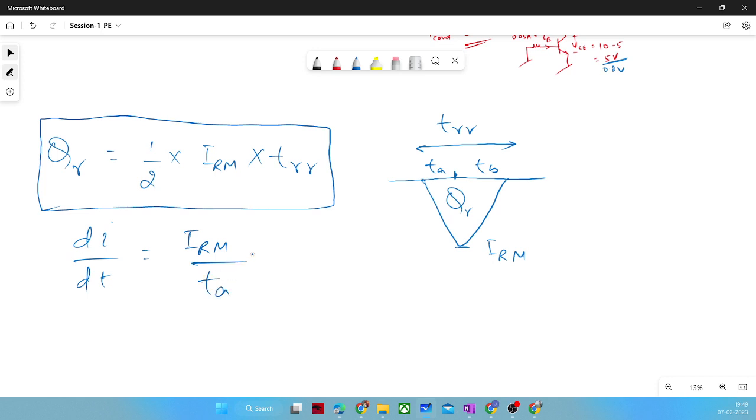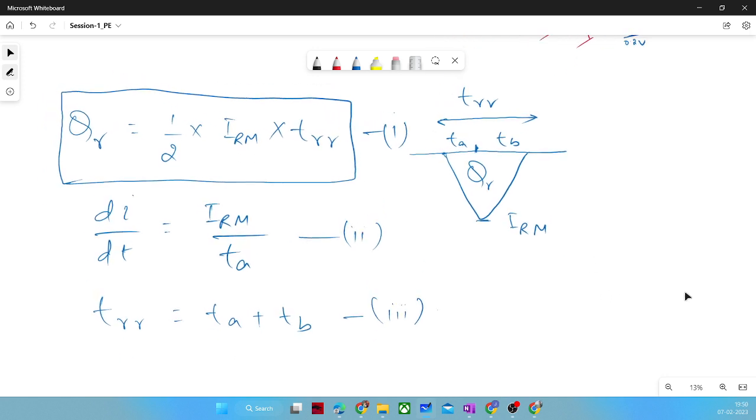And IRM you can compute from the first formula, and this is the second formula. If you want to derive another equation, you can get TA plus TB. So you have three equations, and you can plug in any values. Sure, understood. I think this is the doubt regarding the last problem of the assignment. Thank you.